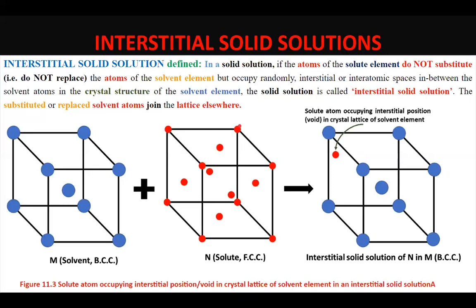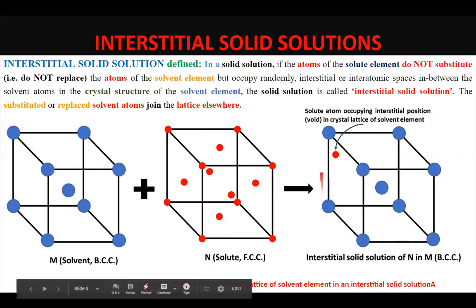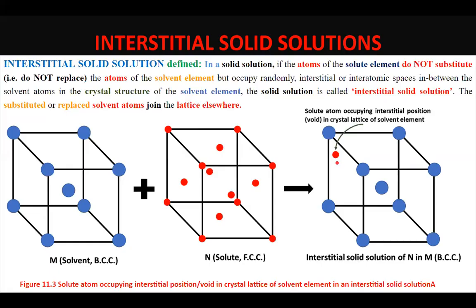These solute atoms would occupy the interstitial positions, which we popularly call voids or interatomic spaces, because the unit cell contains a large number of voids like octahedral voids, and there are so many other vacant spaces present in it. Now here you can see that the solute atom is occupying one of the voids that is present in the crystal structure of the solvent element.